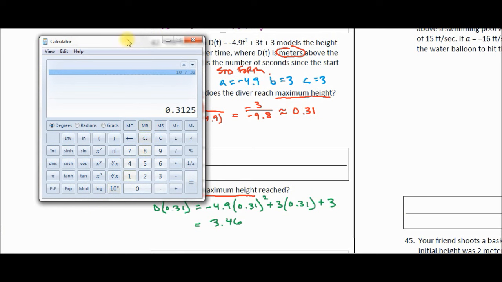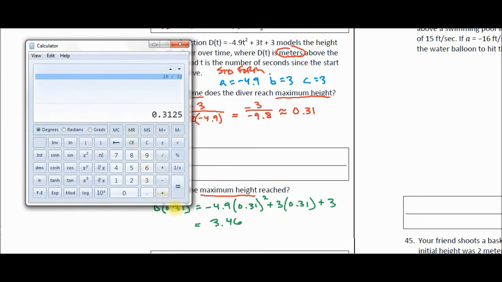I don't remember whether it's exactly 3.46 or approximately 3.46. Let's take a look. My calculator is not as nice as yours. Let's go ahead and try this. I'll clear this. We got negative 4.9. Yeah, my calculator is not going to let me. I've got another calculator available, but I don't have it loaded up right now.